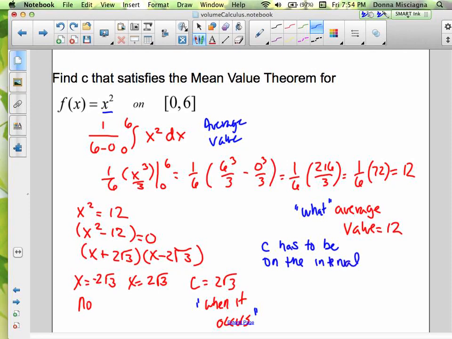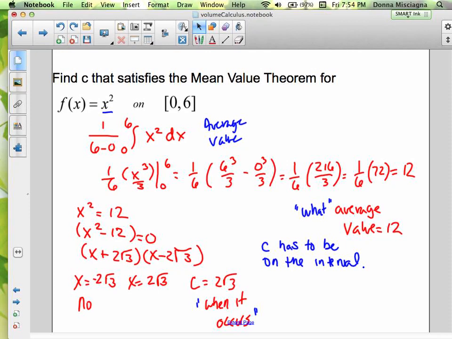In this case, you have to be between 0 and 6. If you're less than 0 or more than 6, you're out. But 2 square roots of 3, that's okay. That is less than 6 because 2 times 3 would give us 6, and the square root of 3 is certainly less than 3. So c equals 2 square roots of 3 is when that occurs.